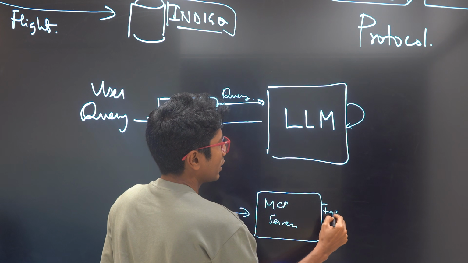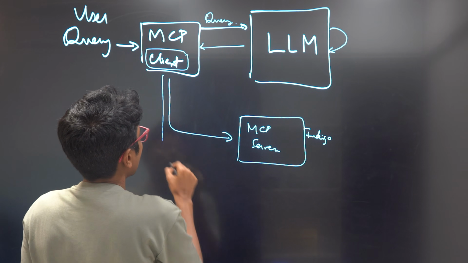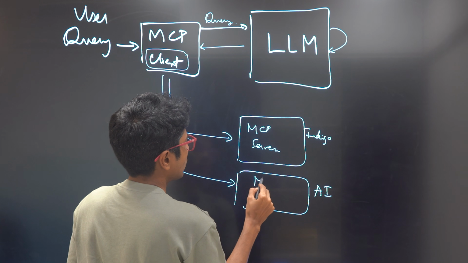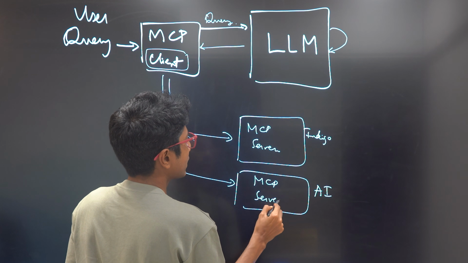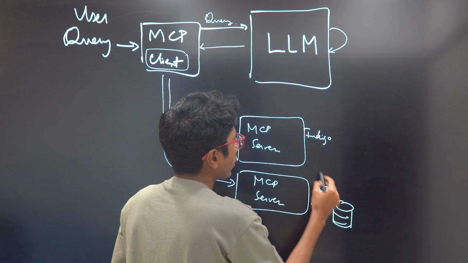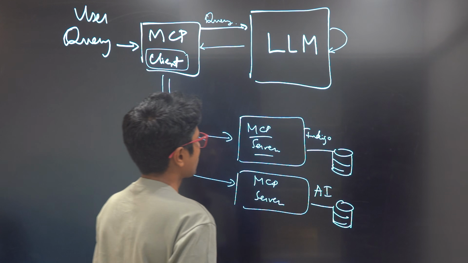In one case, that might be Indigo. In another case, that will be Air India, whose MCP server can give you details around Air India. So you can think of this as a wrapper for Air India's database, this as a wrapper for Indigo's database.